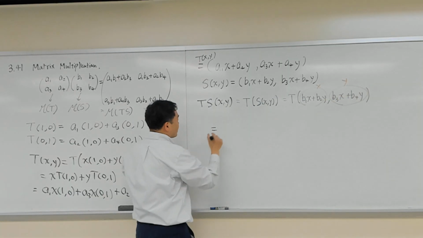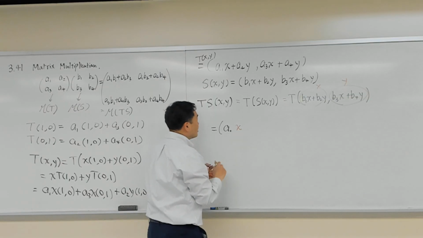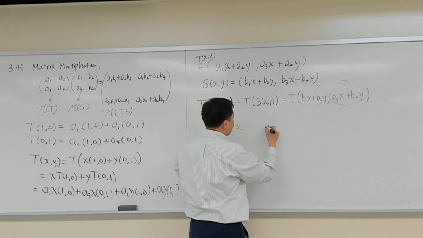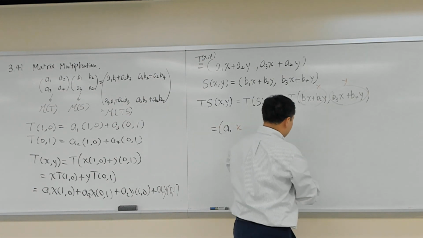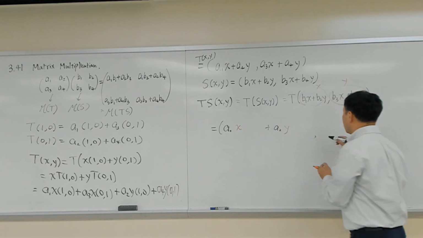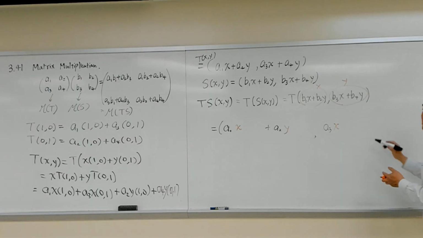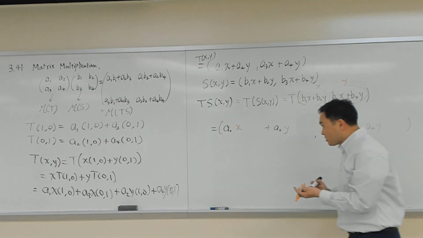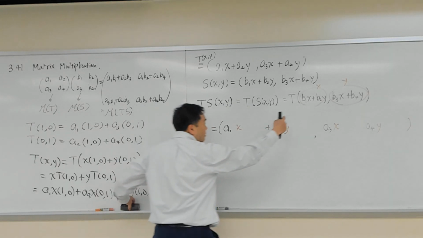So this is like our x, this is like our y. So when you write that, A1 times x plus A2 times y, comma, A3 times x plus A4 times y, I shouldn't be using x, but rather, instead of x, I have this guy, right?